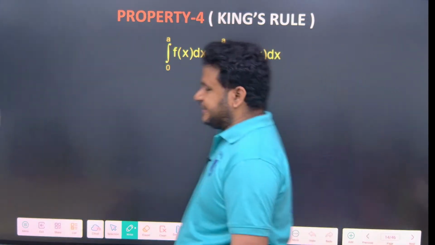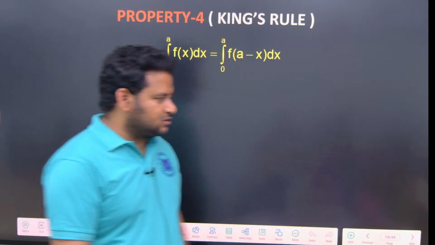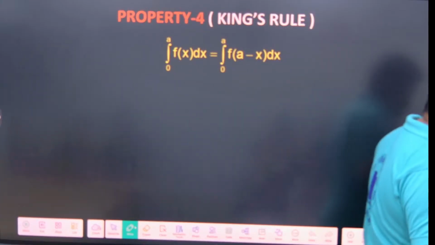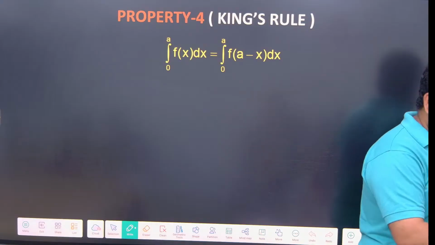Property number 4, King's rule. Please write down the property. This is also called King's rule. Property number 4, King's rule.